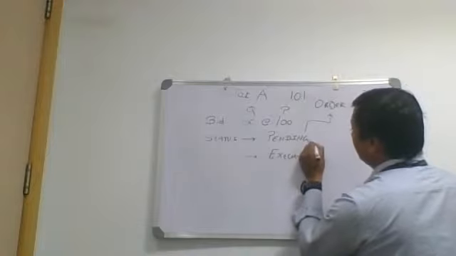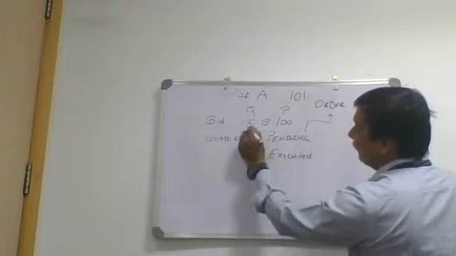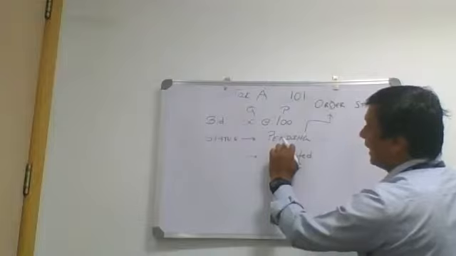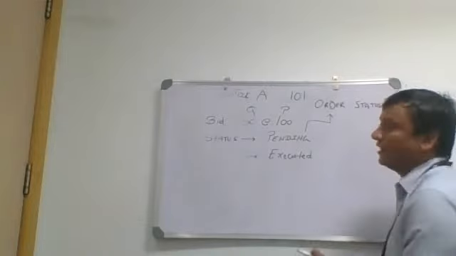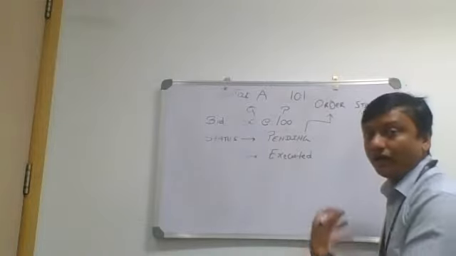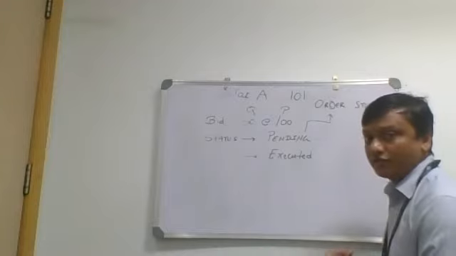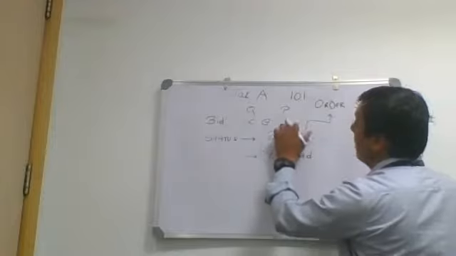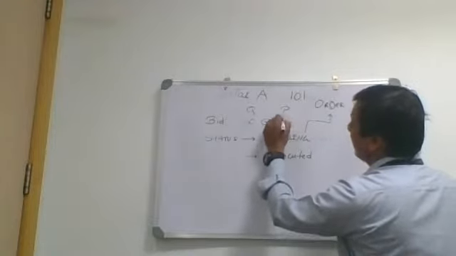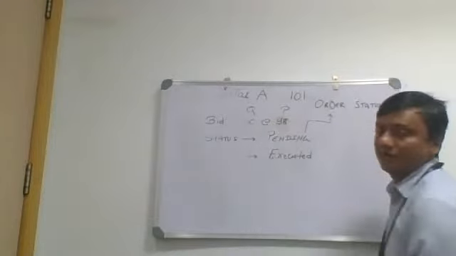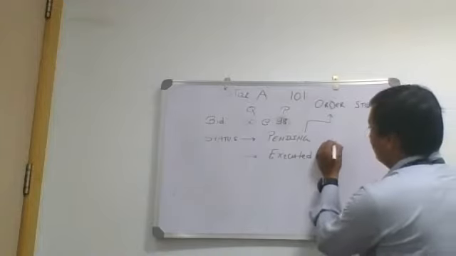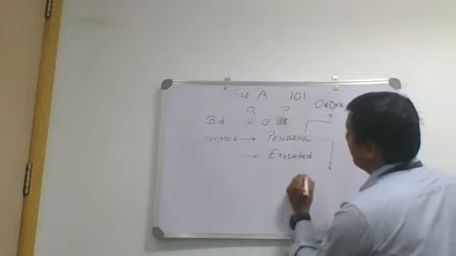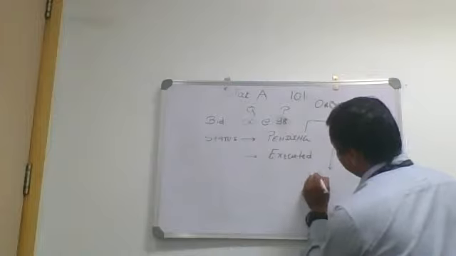And the third part could be, when the status is pending, I could change my price. Earlier I was willing to buy the stock at 100 rupees. Now I could say that, no, I want to buy this at 98 rupees. So you can even modify this order.